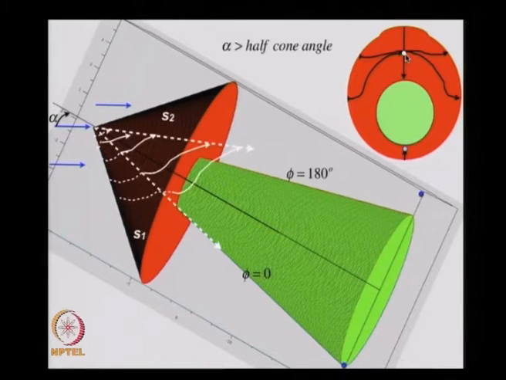From both these pictures, what we can see is that we have several streamlines converging at this particular point.